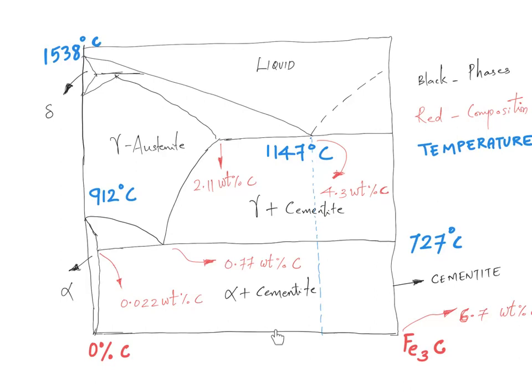Then if you want to melt this alloy, you have to heat it to a temperature this much, and similarly, if your composition is somewhere here, then also you need to heat your alloy to a temperature this high.